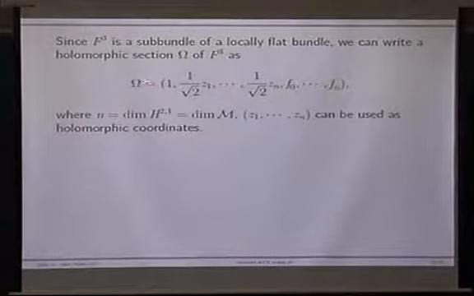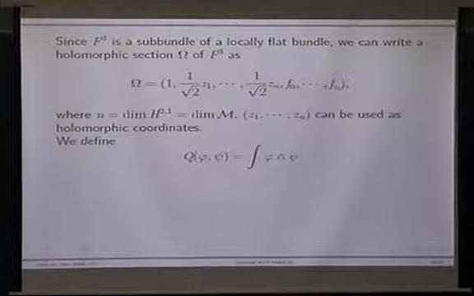Basically, we normalize the first component of the section to be 1, which is allowed. You can always divide by a constant. Then we use the next n holomorphic functions as coordinates. It can also be proved that you can, at least generically, do that. We put a coefficient on that, and then we let the rest be holomorphic functions of z1 through zn. Okay, let's see the implication of Griffiths transversality on this.